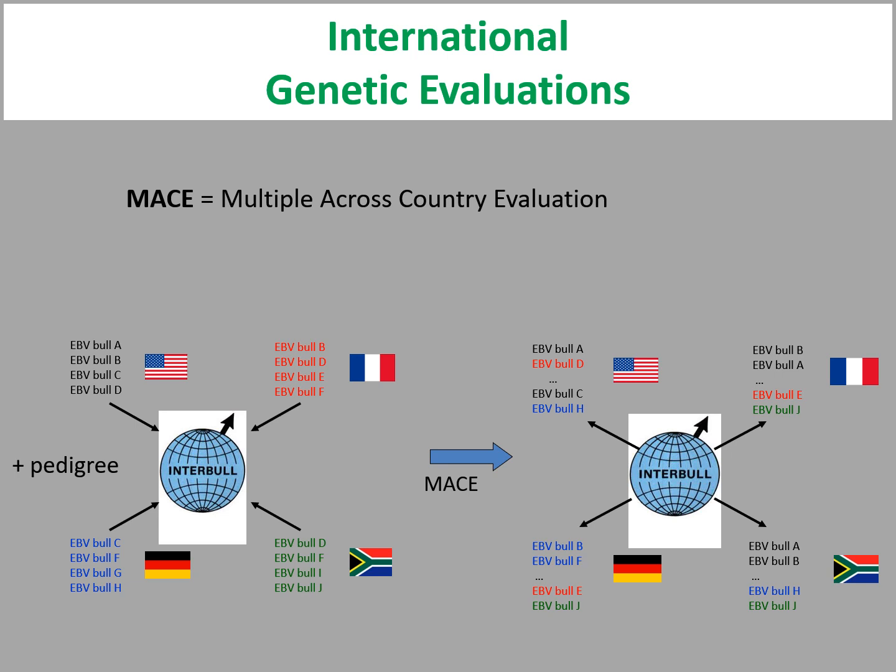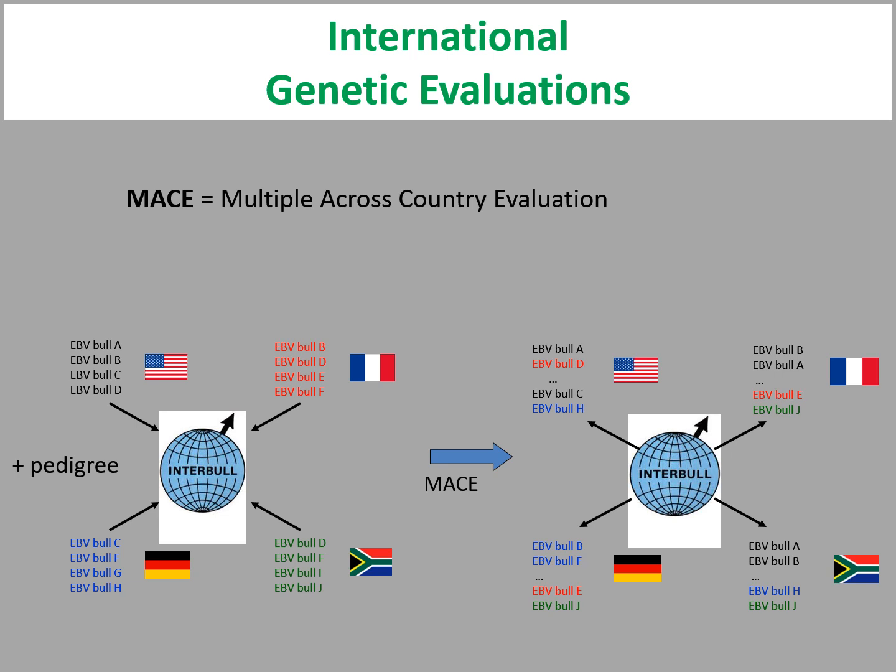So this slide indicates the effect of MACE genetic evaluations on genetic rankings of the AI bulls across the world. Different countries do their own genetic evaluations, and then the breeding values of the AI sires that qualify are sent to Interbull with daughter information of these bulls.